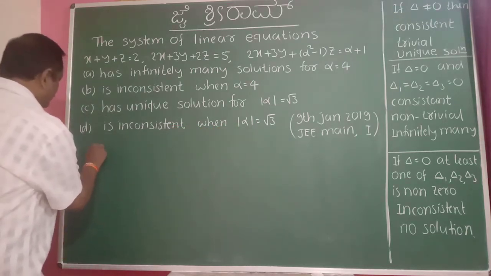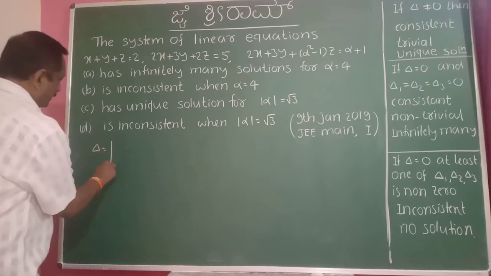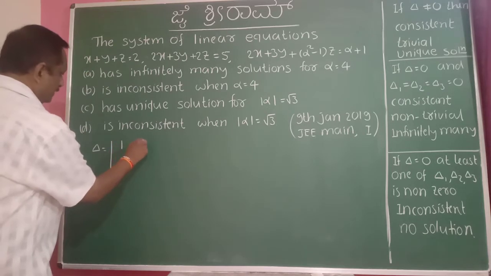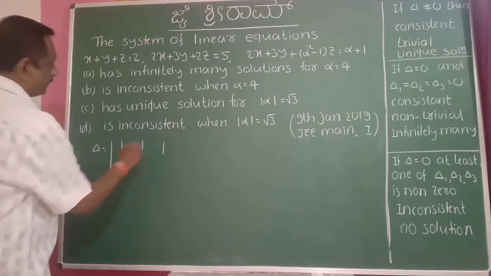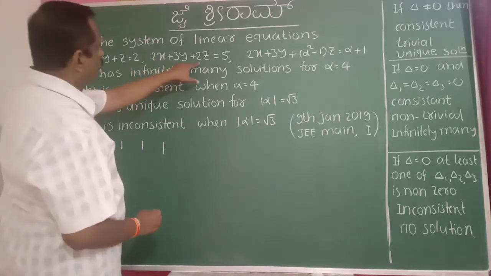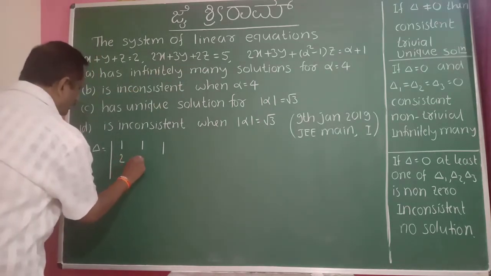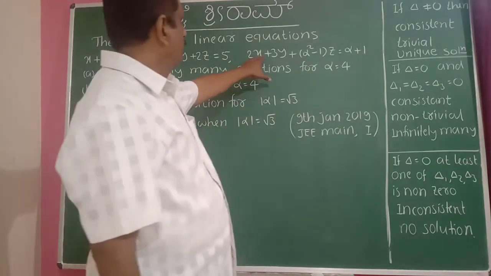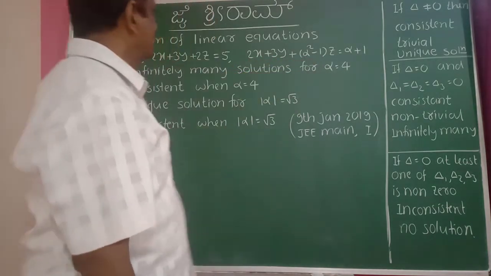So delta is equal to the determinant of 1, 1 and 1. Write the coefficients: 1, 1, 1; 2, 3, 2; then 2, 3, alpha square minus 1.